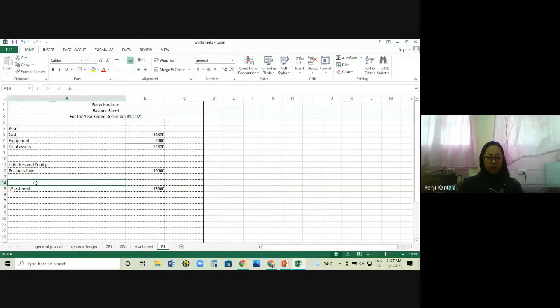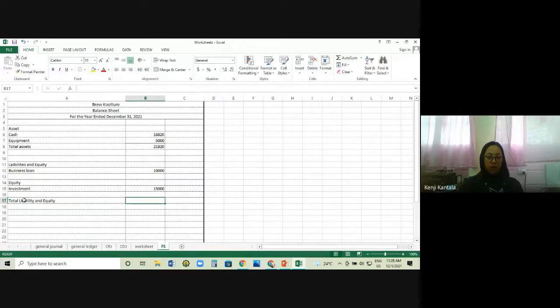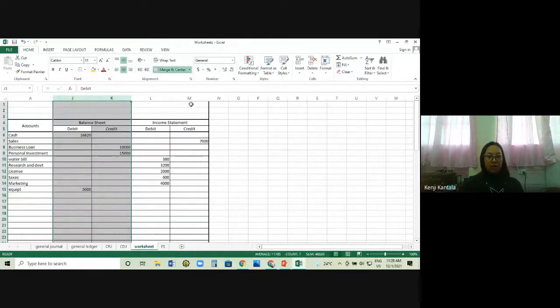So we have here total liability and equity that is at 25. Okay. So, si equity natin, kailangan pa natin i-reflect yung net income natin dyan. So, yung net income natin, manggagaling from our income statement. So, magkano yung net income natin?